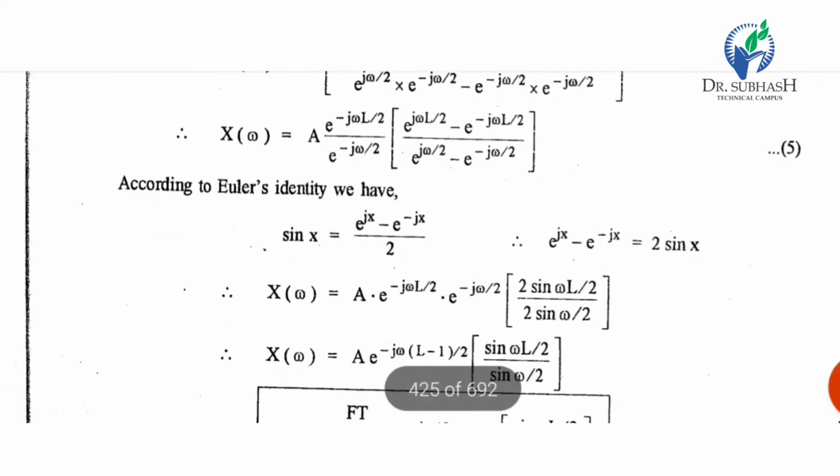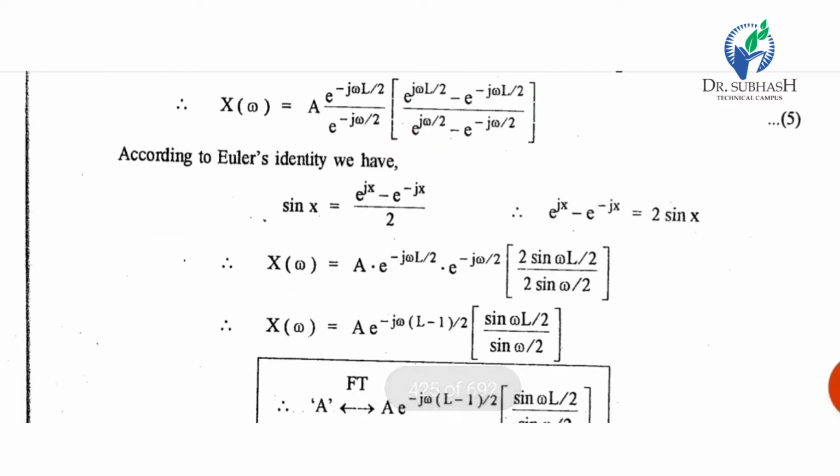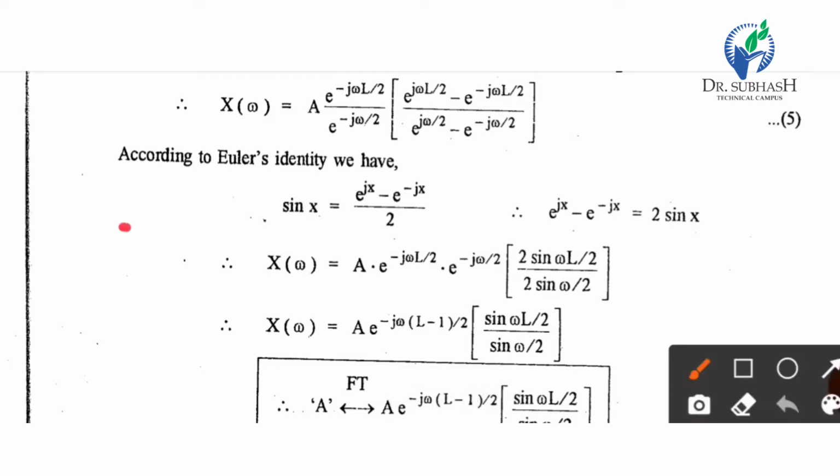So now we can use Euler's identity formula, like sin x equals e raised to jx minus e raised to minus jx divided by 2. So e raised to jx minus e raised to minus jx equals 2 sin x.